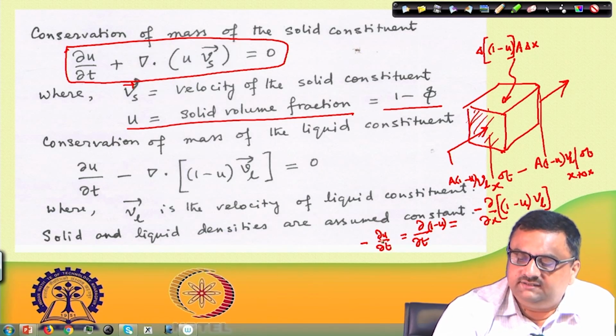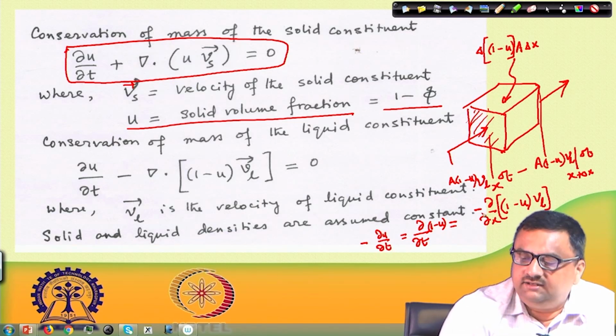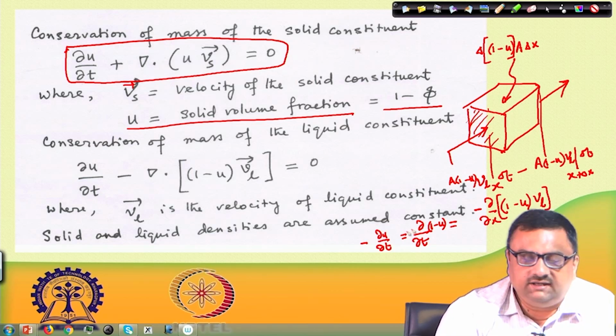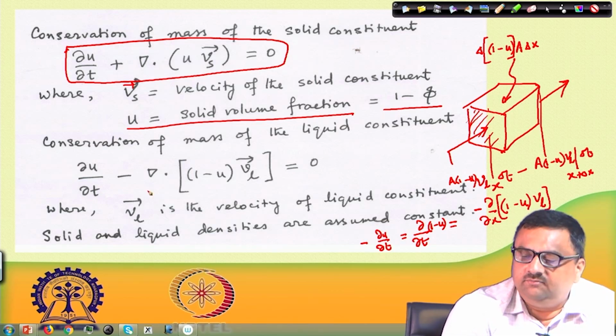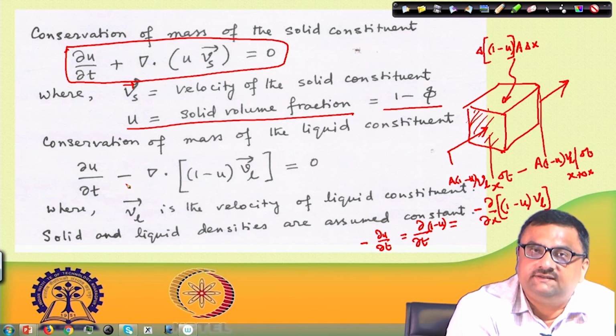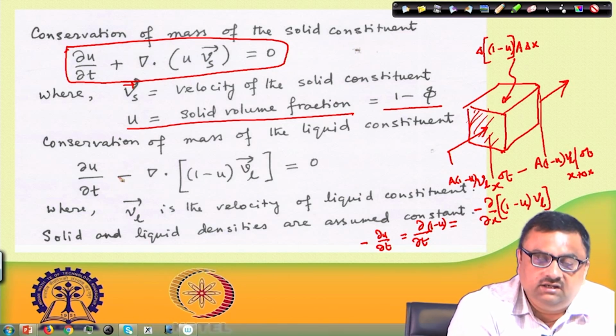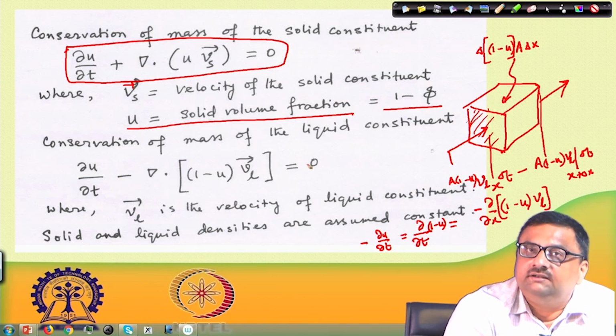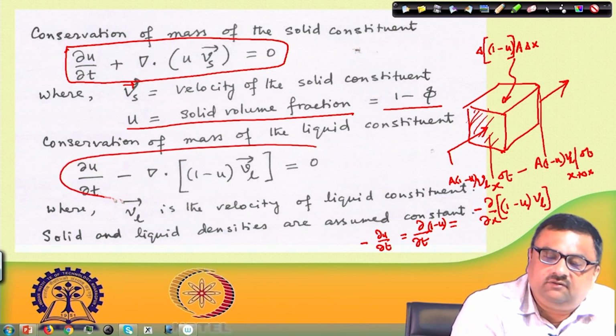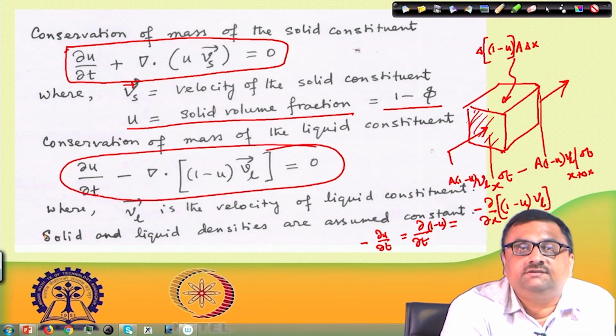When you take del U del t to the right hand side, both sides carry minus signs, so if you bring both to one side, you get minus of this quantity. This is the expression for the conservation of mass of the liquid constituent.